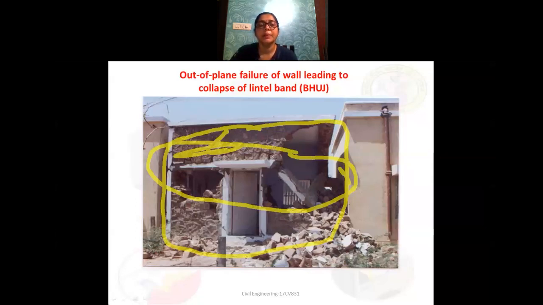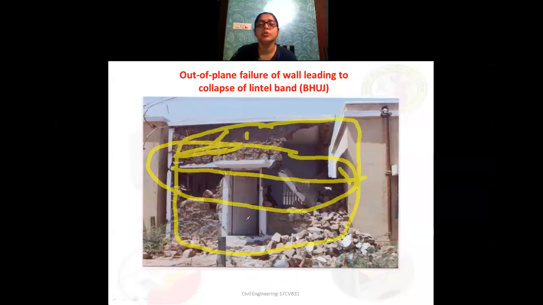So there is bending along the length as well as along the height. Due to this, it could not withstand the earthquake frequency, and the lintel band was damaged. So this shows out of plane failure of a wall leading to collapse of the lintel band.